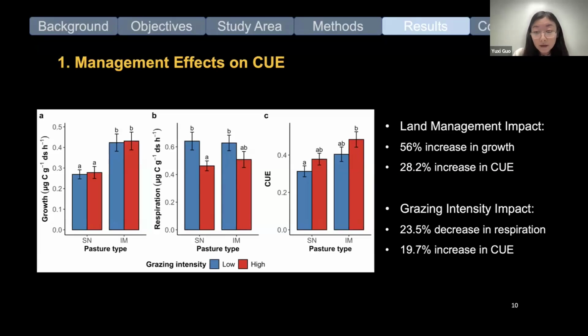Land management intensification significantly increased microbial growth rates by 56% and promoted overall CUE by 28%. Interestingly, higher grazing intensity worked through a different way. It decreased the respiration rates by 23%, while increasing CUE by 19%.